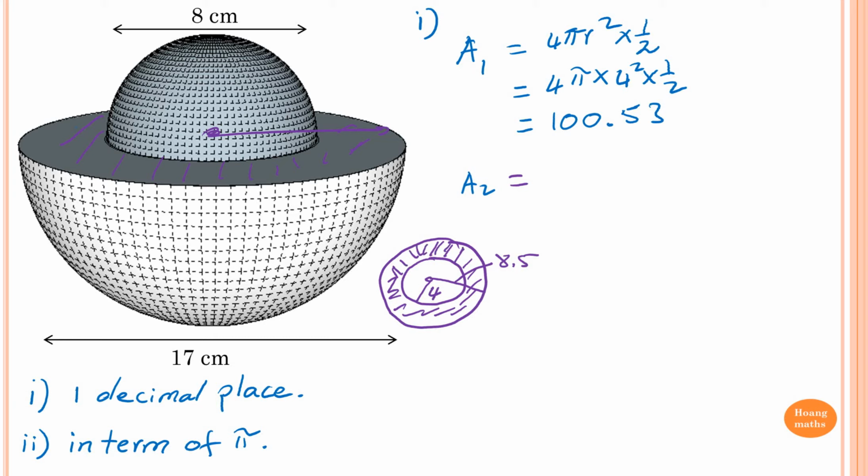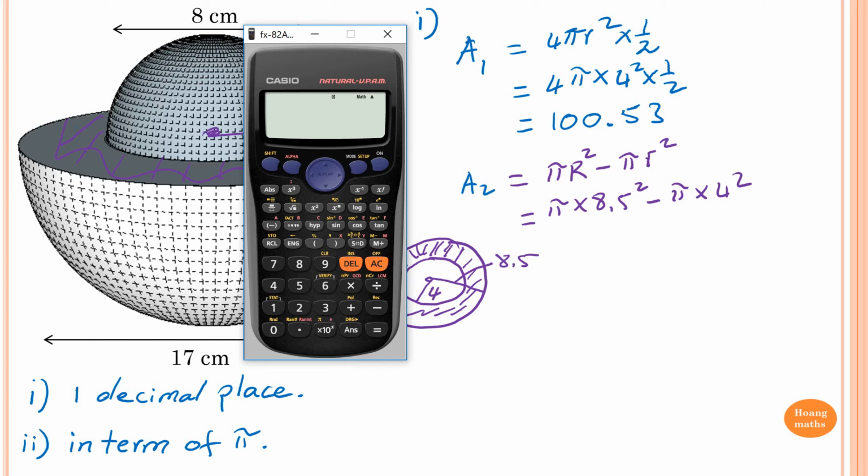So area 2, which is this part here, is the larger circle, pi r squared, I just use capital R, minus pi for the smaller circle, which is small r. So now I just substitute the value in, which is pi times 8.5 squared minus pi times 4 squared. So now I just put this in the calculator.